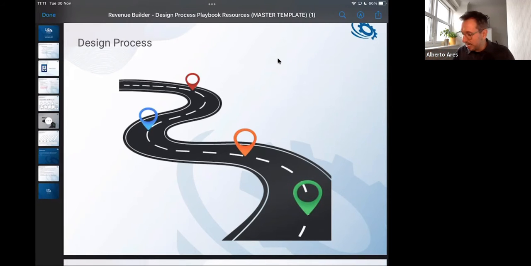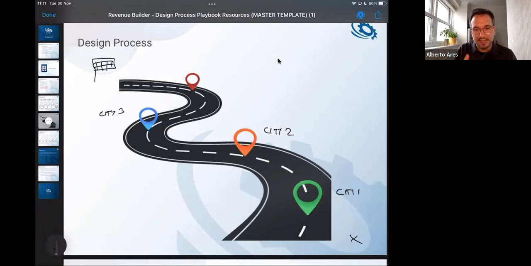In your journey, there are going to be certain cities or milestones or points of interest that you need to navigate to get to your destination. So you start here, and this is the destination. The sales process tells us the road, the journey that we need to go through to get to our destination.